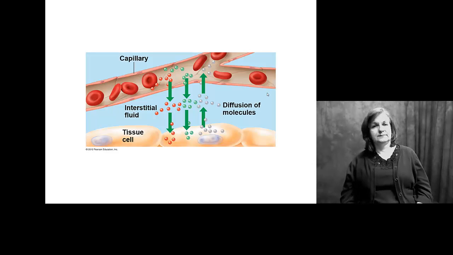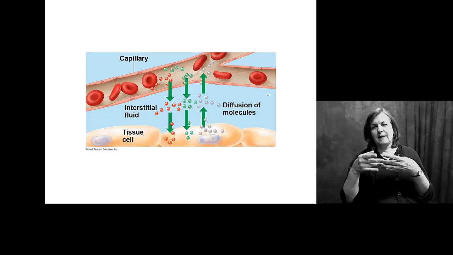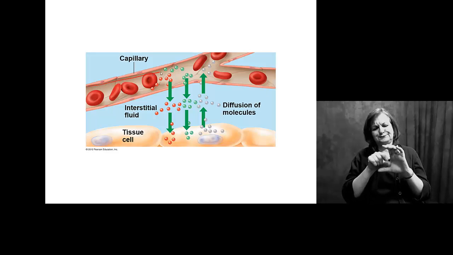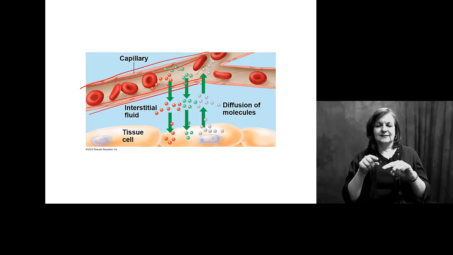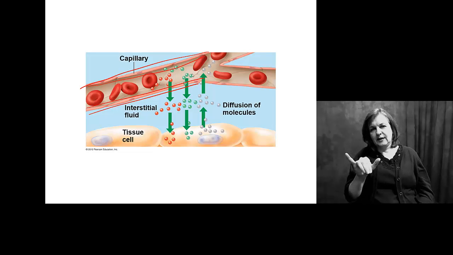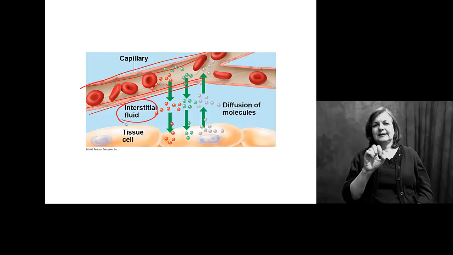Now, as these red blood cells are squeezing through the capillaries, we saw there is not much to these capillaries. We've got some endothelium. But what we see is as these blood cells are squeezing through the capillaries, they're actually squeezing through so hard that interstitial fluid is leaking out.